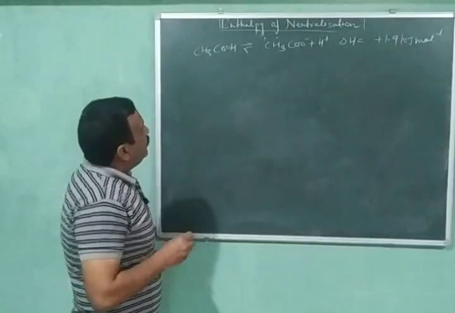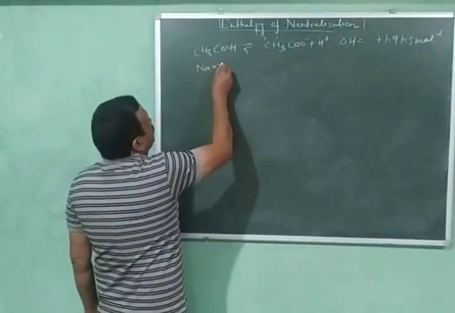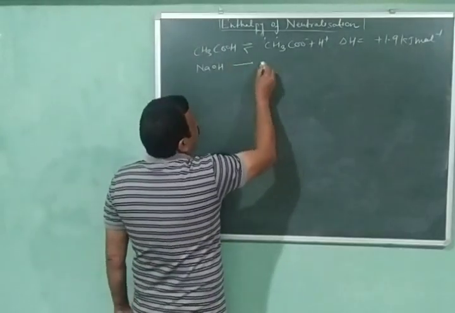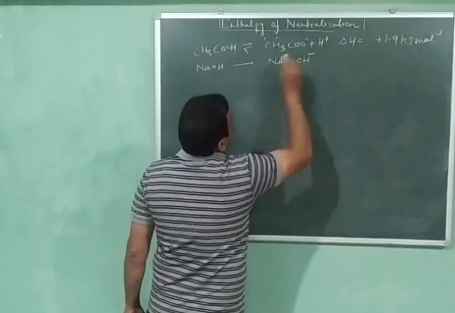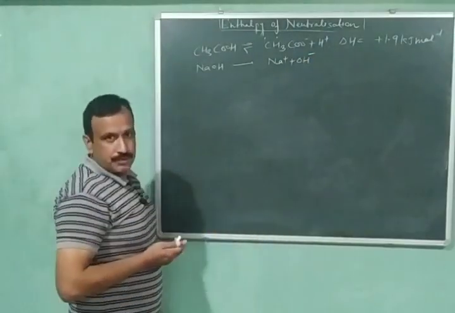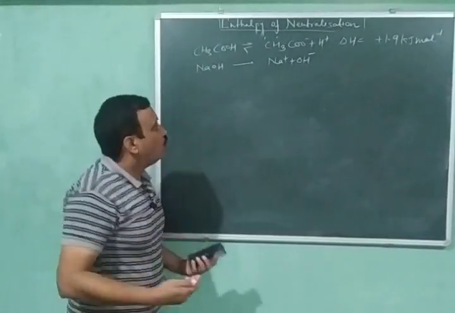Understood? And NaOH is a strong base, it is completely ionized and doesn't require any heat for its ionization. And when the neutralization takes place, what will happen?